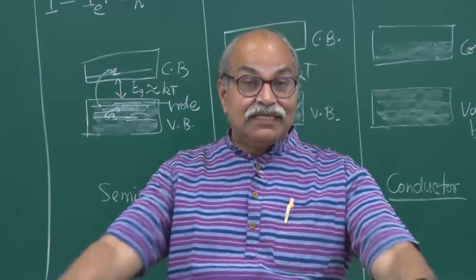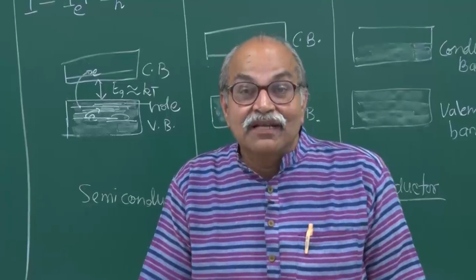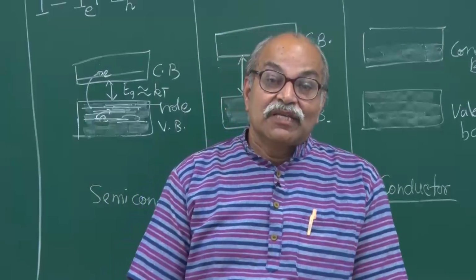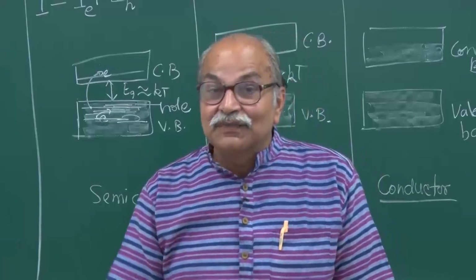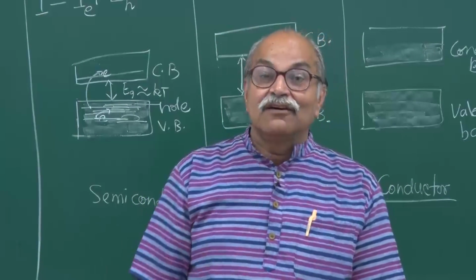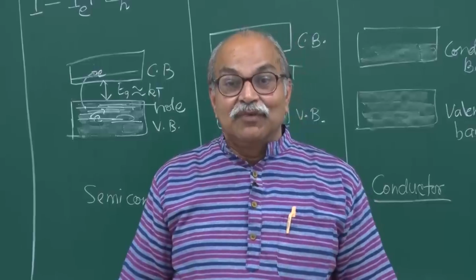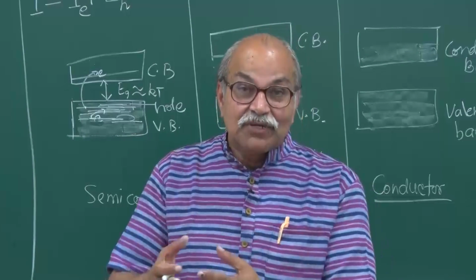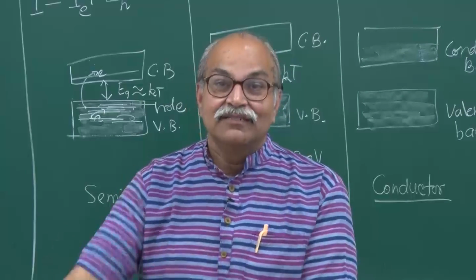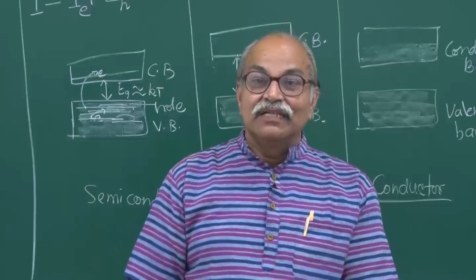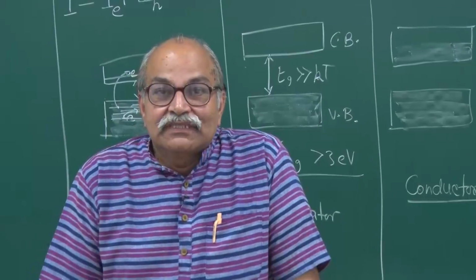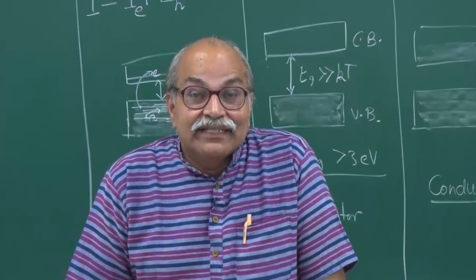In elementary classes, we say that the electrons are making more collisions with whatever they encounter in the lattice, and because of this increased number of collisions, they are not able to go ahead in response to the electric field, and that is why the resistance increases.